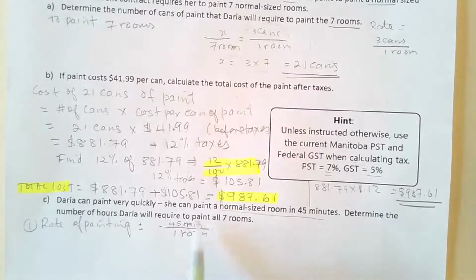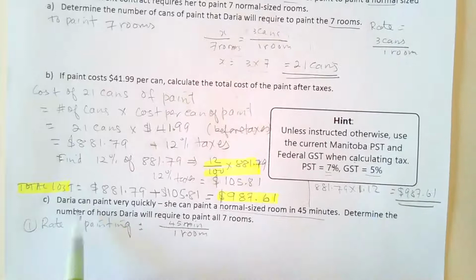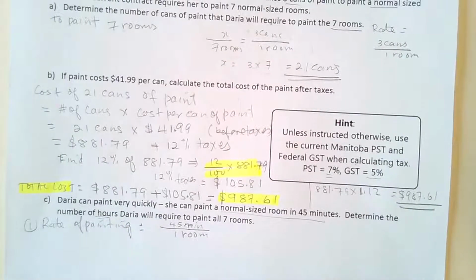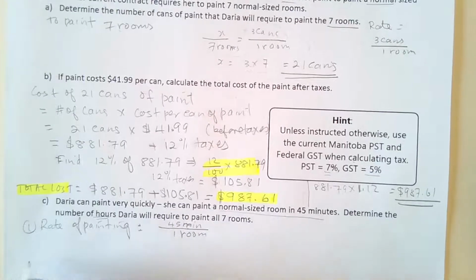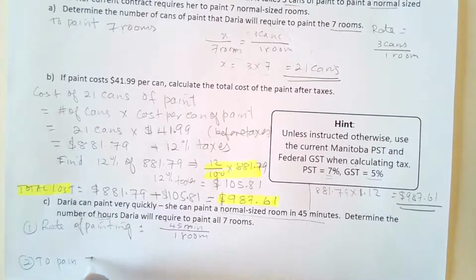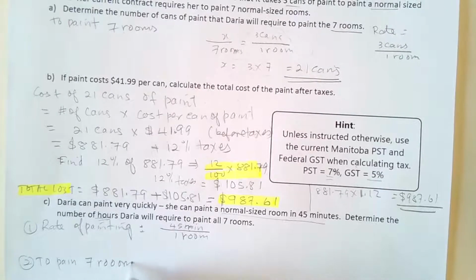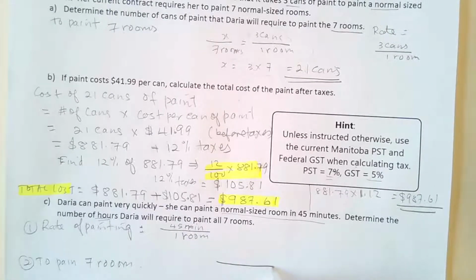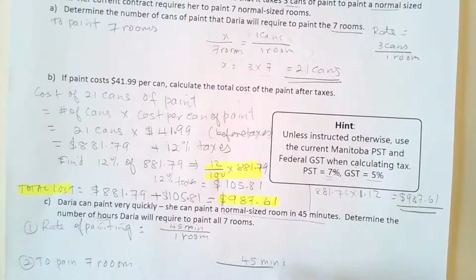The question asks to determine the number of hours. How long will it take her to paint all 7 rooms? So to paint 7 rooms, here's a conversion factor, 4 to 5 minutes, 1 room.